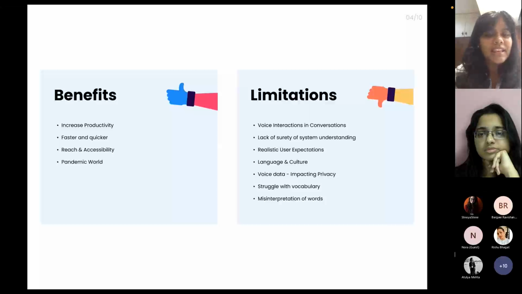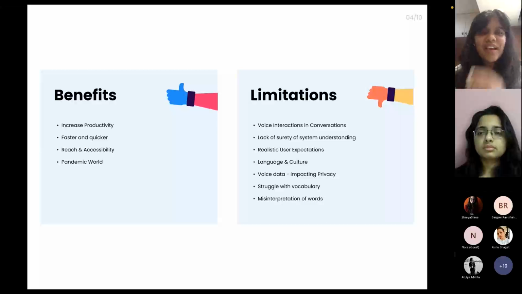The next point is language and culture, which is also extremely important in this case, because we come from different parts of the world, especially a country like India, where me and Shreya come from. We have so many languages, and within languages, we have different sublects.